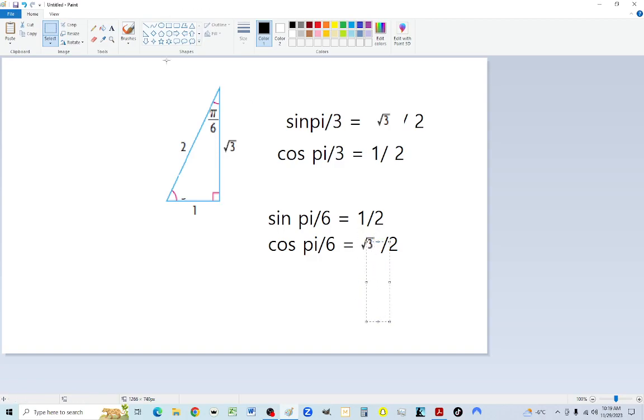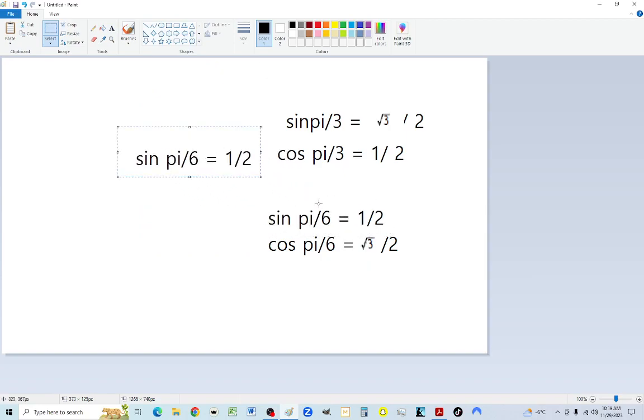And there, now I want you to look at something. All of a sudden, sine of pi over 6 is equal to cosine of pi over 3, and cosine of pi over 6 is equal to sine of pi over 3, like that.